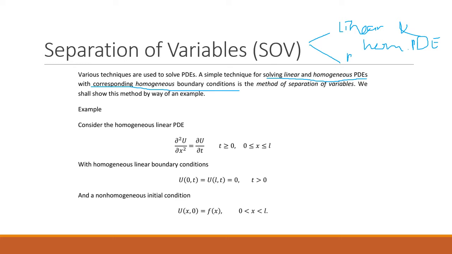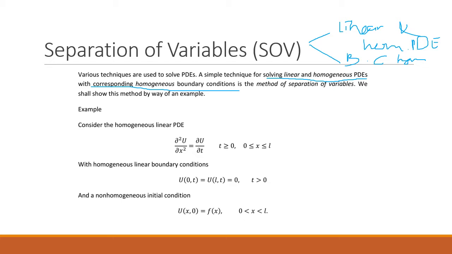Okay, homogeneous PDEs, and also with the homogeneous boundary condition. Okay, so bear in mind that separation of variable is only capable of solving linear and homogeneous PDE with homogeneous boundary condition.